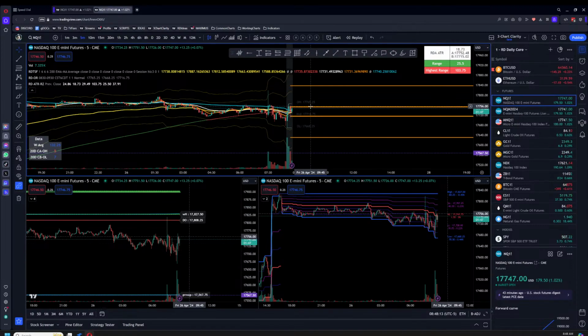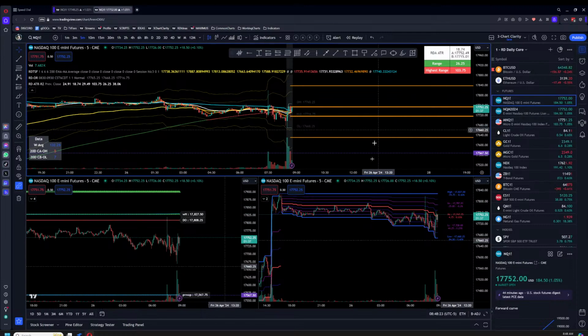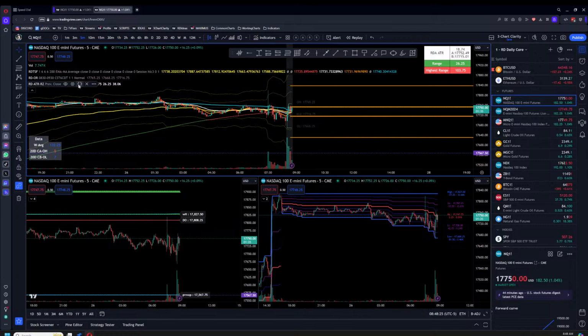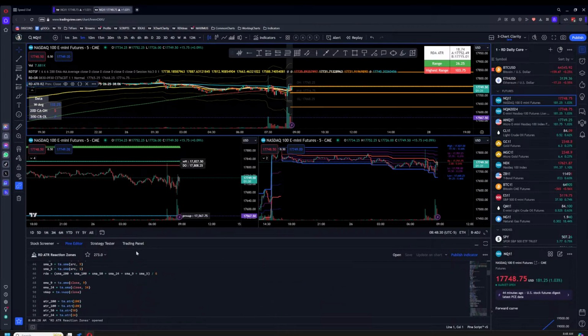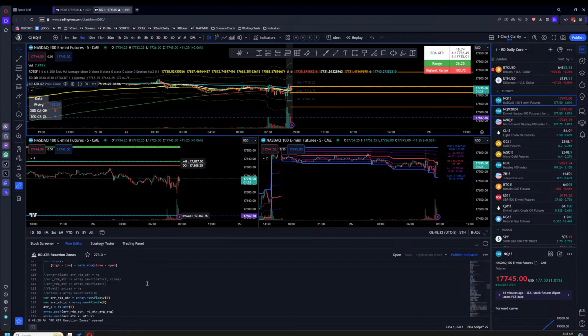That's what the first line is. And then the second line is the highest range of the last, let's see what we're currently calculating. The last 50 candles.